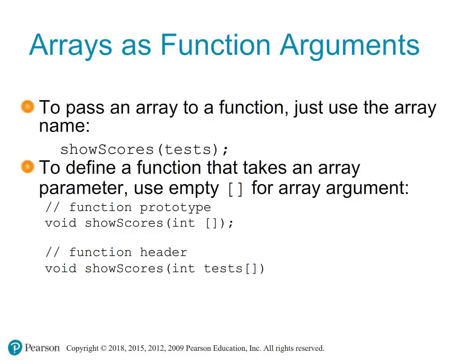The function doesn't need to know the size of the array, but it will usually be guided by another parameter or a sentinel value within the array. Note that in C++, when you pass an array to a function, you are actually passing a pointer to the first element of the array. This is efficient as it avoids copying the whole array.